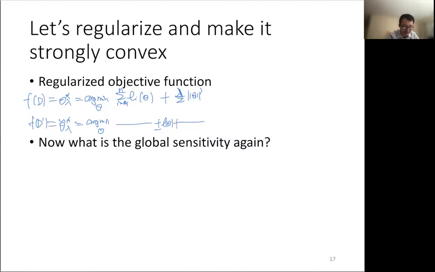For conciseness, let's define this part of the loss function to be L, the big L of theta. What we know by strong convexity is that we can choose any x-y pair in the support of this function. So we'll have L theta tilde lambda, plus half lambda theta tilde squared, being larger than L at the actual minimizer here.